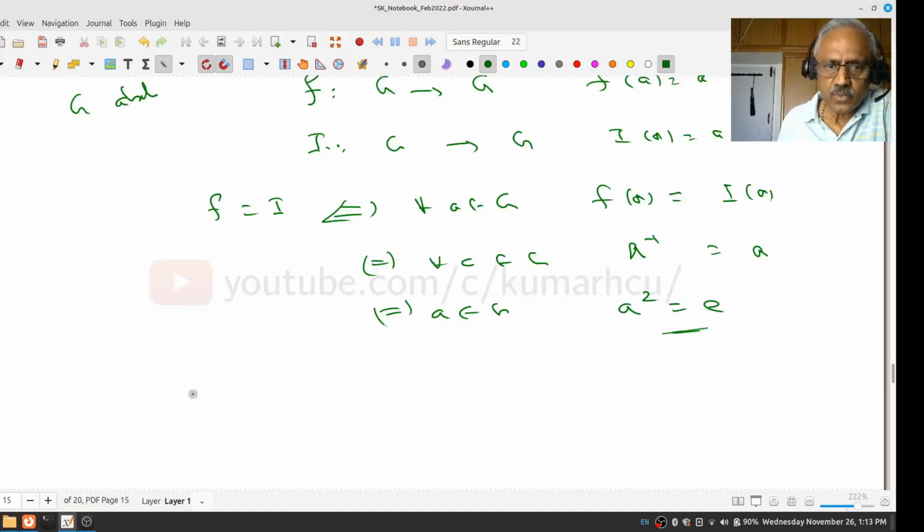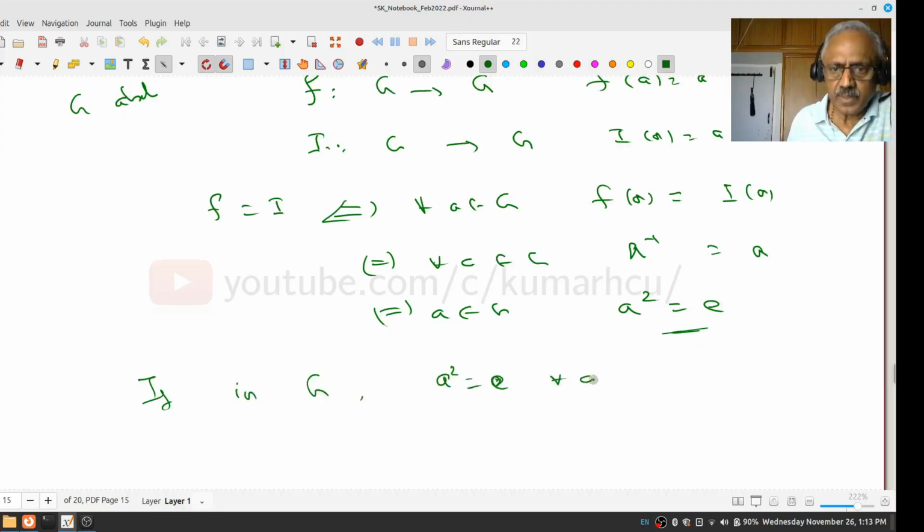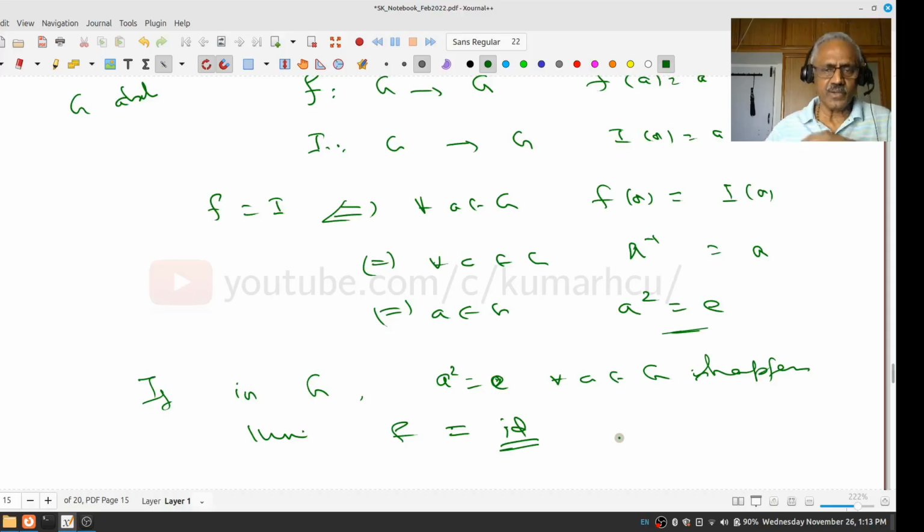Right? So if in G, a squared equal to identity happens for all a, then f is the identity map. We have not proved f is a non-identity homomorphism.